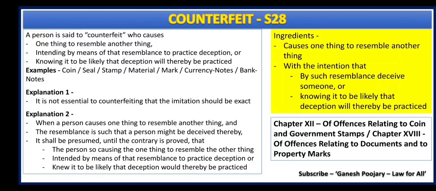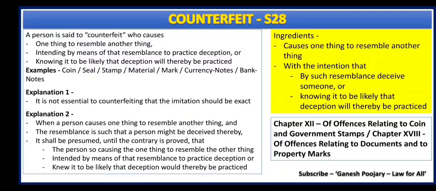Either he wanted to deceive by using it himself, or he knew that it can be used to deceive someone. Now this is a very important explanation. You need to understand here the court has to have the presumption that he has created such resemblance to deceive someone, or he knew that it can be used by someone else to deceive someone. That's the very important presumption the court should have.